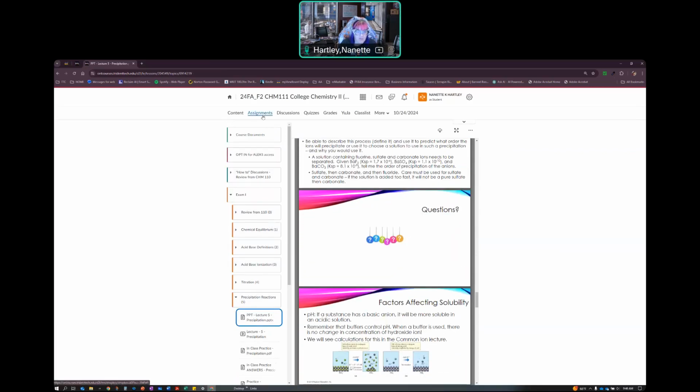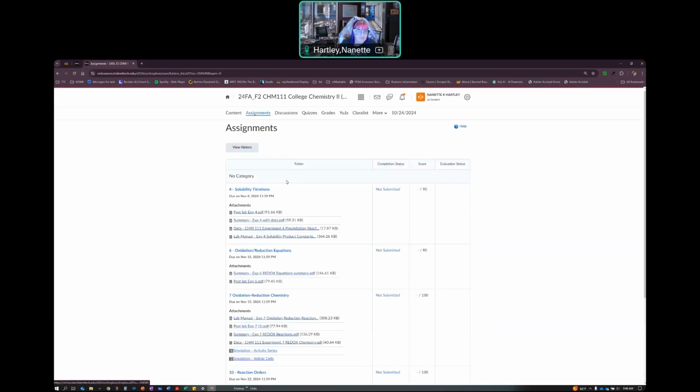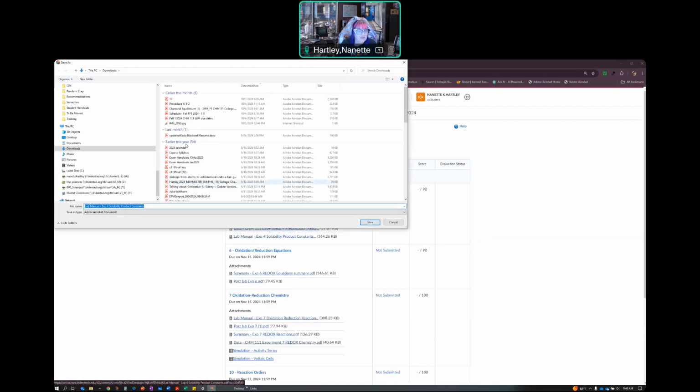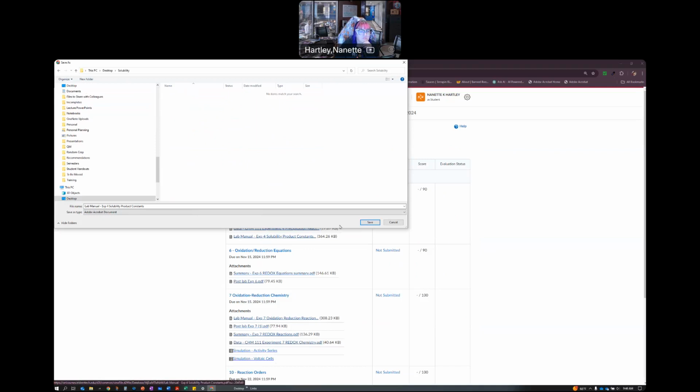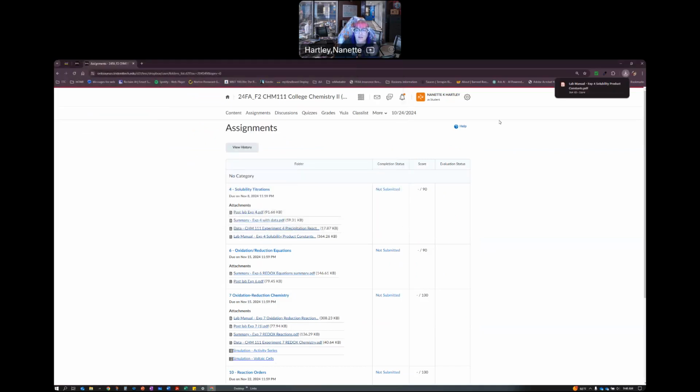Now, in terms of the lab, again, go back to the assignments, and we'll be looking at this material. The lab manual talks about this. This is from the lab manual that we used to use for the in-person class.